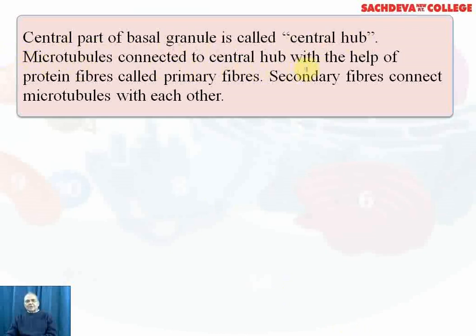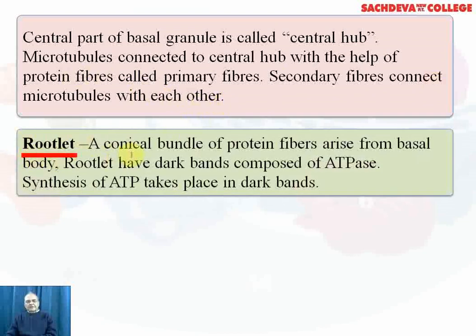Microtubules are connected to the central hub with the help of protein fibers called primary fibers. Secondary fibers connect the microtubules with each other. Rootlet is a conical bundle of protein fibers arising from the basal body. Rootlet has dark bands composed of ATPase. Synthesis of ATP takes place in these dark bands.